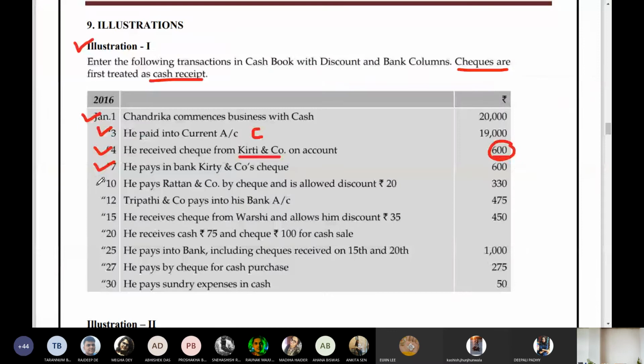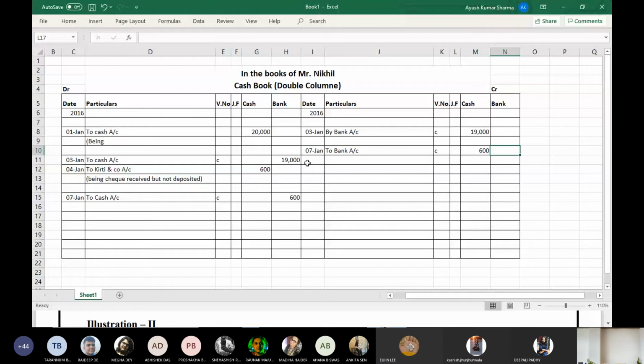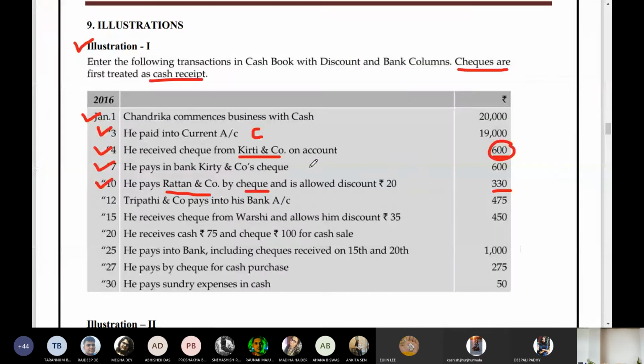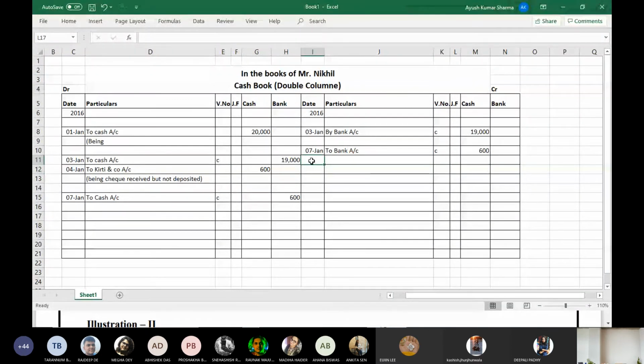Okay, next, it will be 10th, pays Ratan and Co by check. How much have you paid by check? 330. So we'll write on this side, 10th January, by Ratan and Co account.